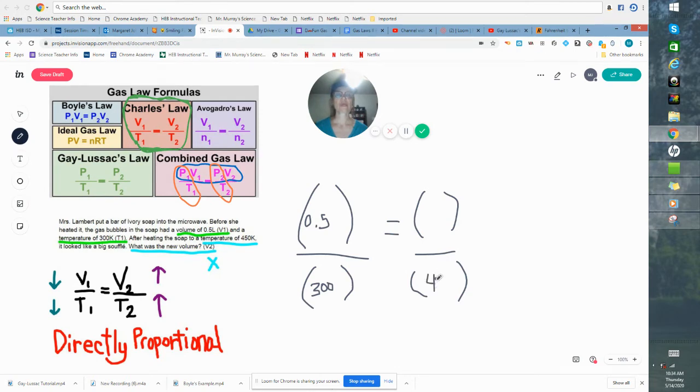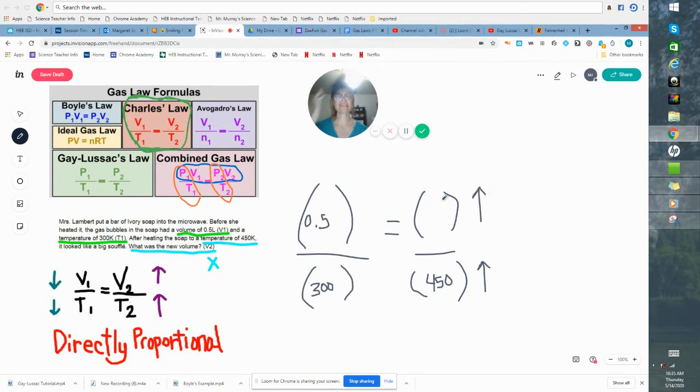We talked about forming a hypothesis. We look at the amount of increase. Okay, 300 to 450. It increased half again as much. 300 plus 150, which is half of 300, equals 450. So I know that my volume should go up half again as much.